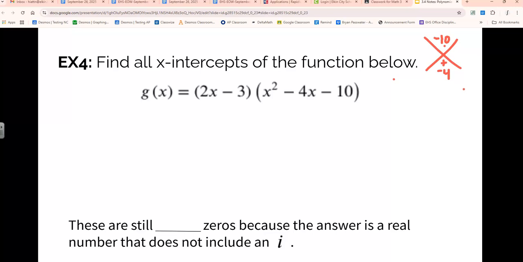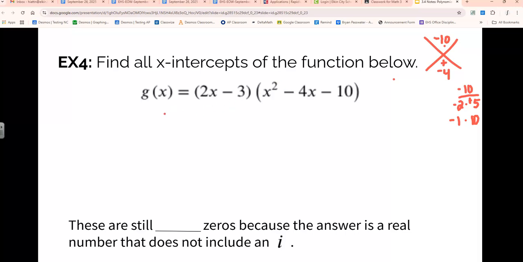But my only options for negative 10 would be 2 and 5, negative 2 and negative 5. Or, I guess positive 5 there. Or negative 1 and positive 10, or I could switch those signs. None of those are going to give me negative 4. So this does not factor here.